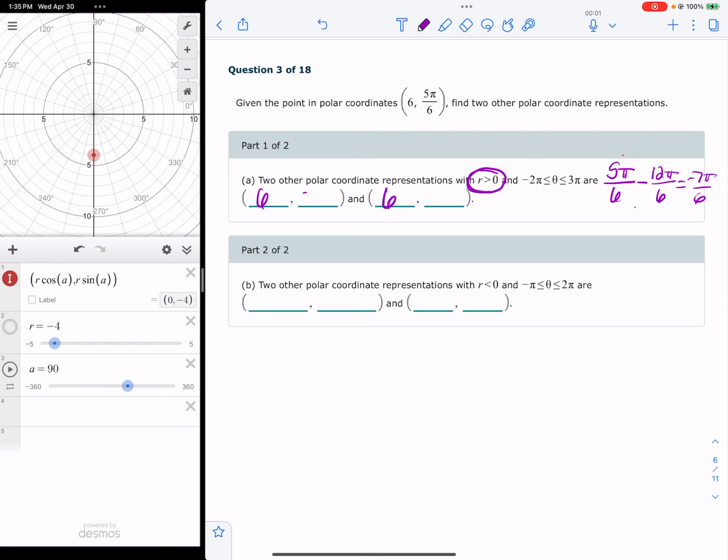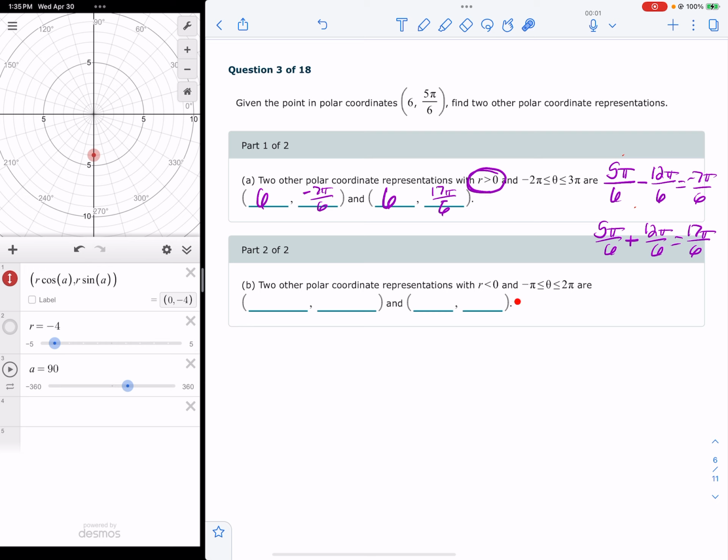So one of them is negative 7 pi over 6. Then for the other one, you take the 5 pi over 6 and you add 2 pi. That would give you 17 pi over 6. If you follow that pattern every time, you will be able to find the two other ways to name angles when the r is positive.